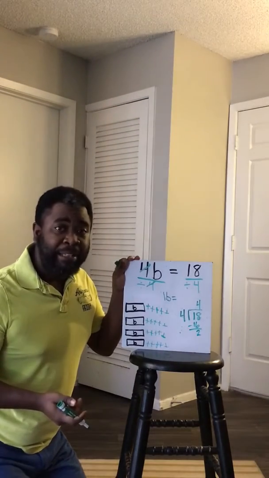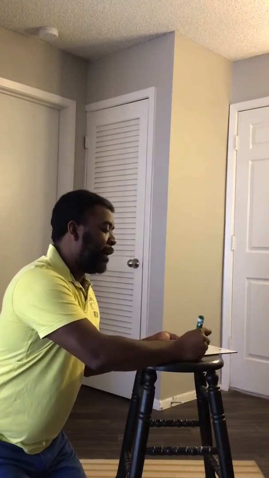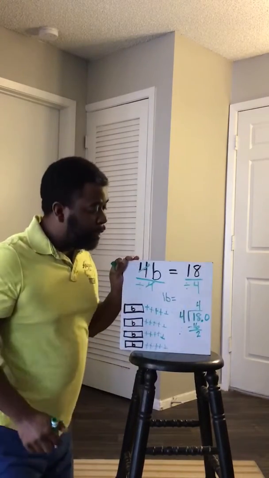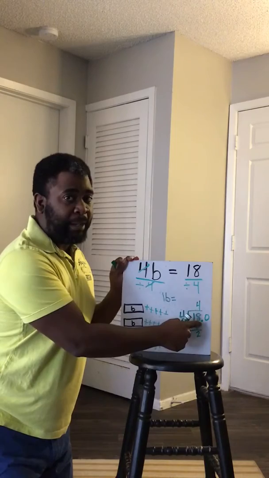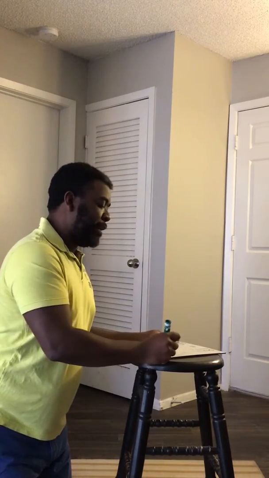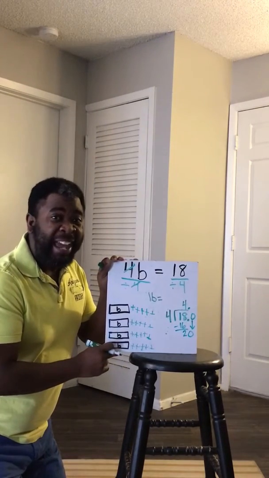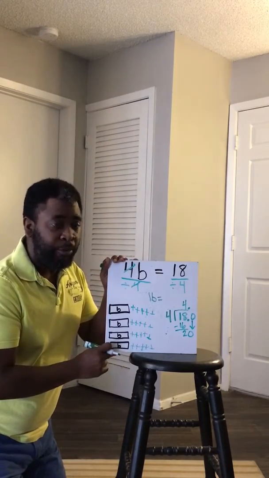That means I've got to add a decimal and a 0. Remember, decimals live uptown, zeros live downtown. My 2 becomes 20, and then I start the division process all over again.